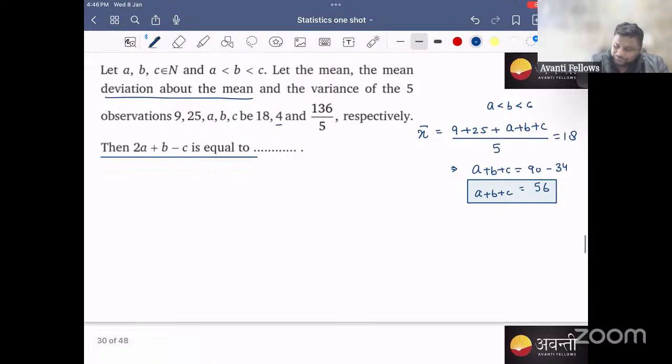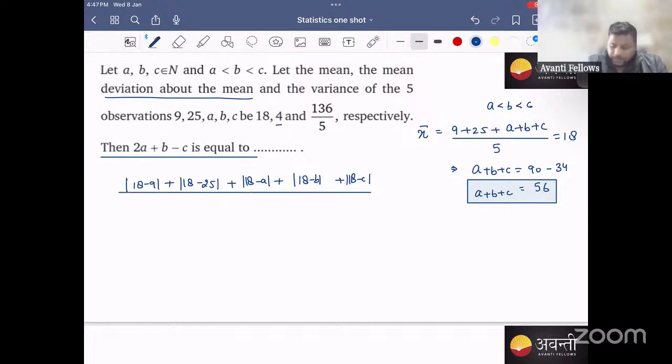That means magnitude of 18 minus 9, plus magnitude of 18 minus 25, plus magnitude of 18 minus A, plus magnitude of 18 minus B, plus magnitude of 18 minus C, all of them divided by 5, is equal to 4.